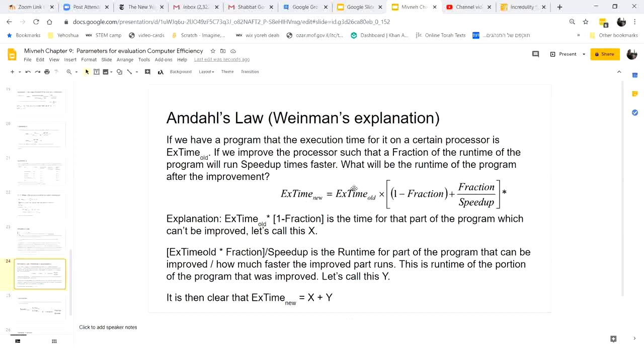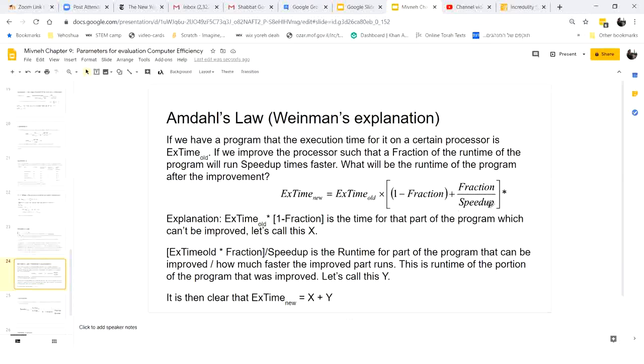And now he's trying to appeal to your common sense and say, well, wait a second. 1 minus this fraction, that's the part that I'm stuck with. That part of the program, that's the 5 minutes of mixing the batter that I can't improve. What about the 15 minutes? Multiply the old execution time by the portion, the 3/4, divided by the speed up.